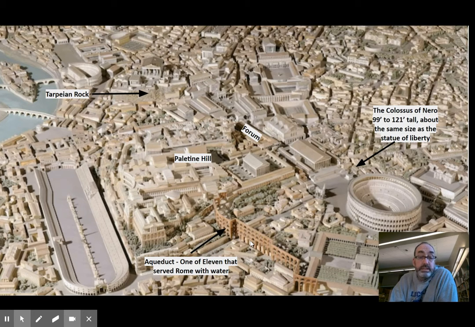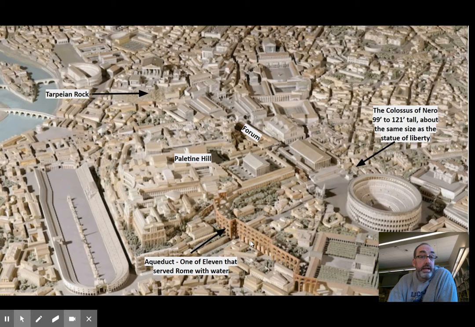Now, the aqueducts. Down at the bottom it says Aqueduct, one of 11 that served Rome with water. The aqueduct would pipe water in from the mountains around Rome. I think the longest one was about 50 miles long, and it would drop fairly regularly, about 4 inches for every 100 feet or so, as it would pipe water into your neighborhood.